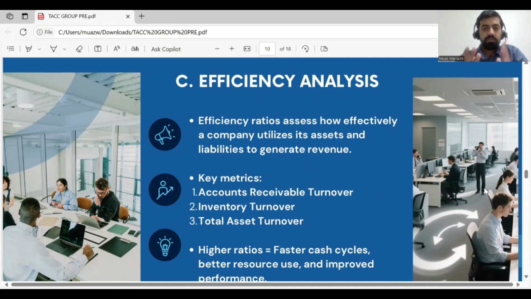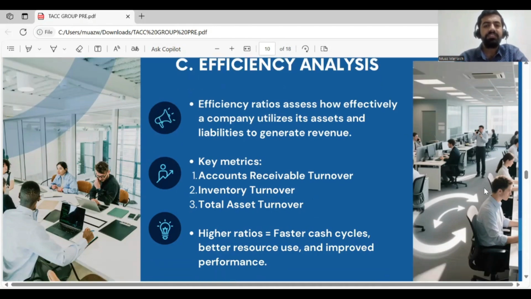Here we are going to focus on three vital ratios. That is accounts receivable turnover, which shows how fast customers pay. Then comes inventory turnover, which shows how quickly products sell. And last but not least, total asset turnover, which means how effectively assets generate revenue. So these metrics form our comparison framework.